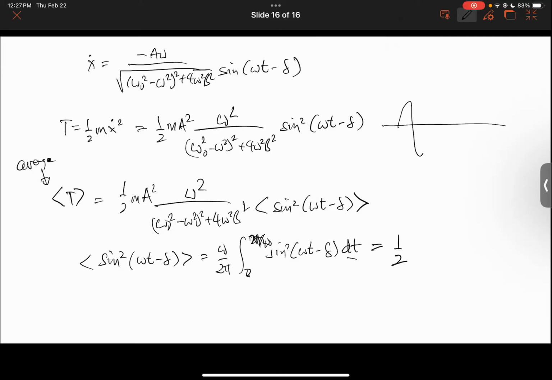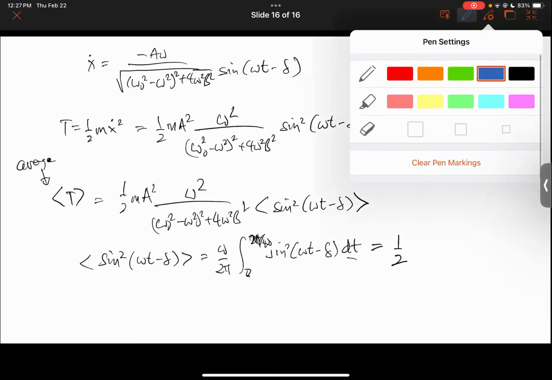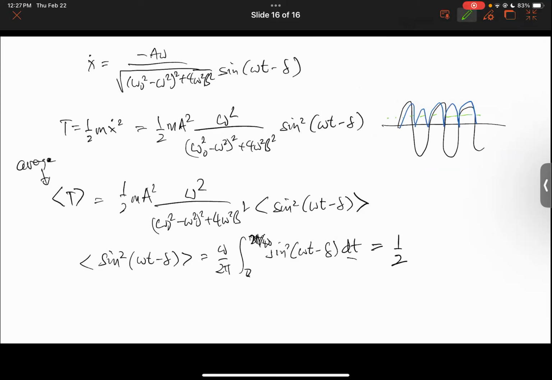Kasi ang sine is this one, okay, and yung sine squared is this one. And if you take the average of that, okay, so the average of that is somewhere here, and that's equal to 1/2. Okay, which means that the average of the kinetic energy over one period reduces to m a squared over 2 times omega squared over 4 times omega naught squared minus omega squared squared plus 4 omega squared beta squared.